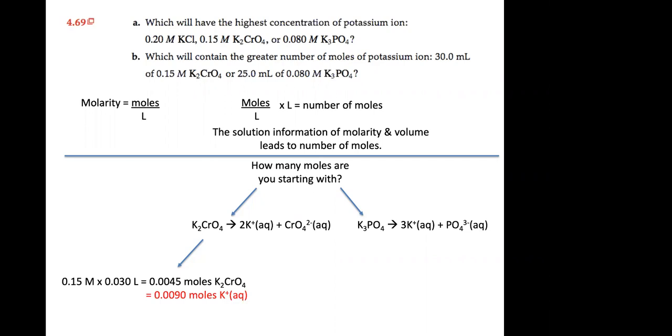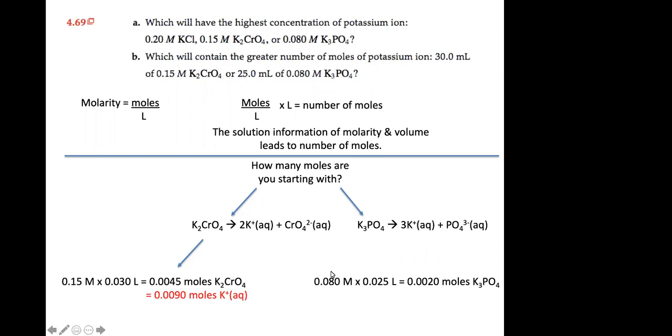So in order to answer part B, if we want to know how many moles of potassium are present in that solution, we have to consider how it dissociates, and we have to use the solution information to figure out how many moles I am initially starting with. Solution information, again, is concentration and volume.